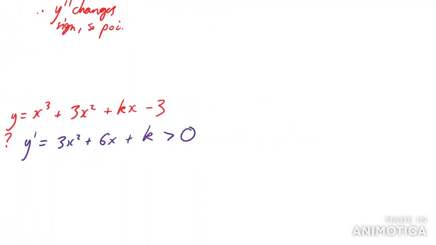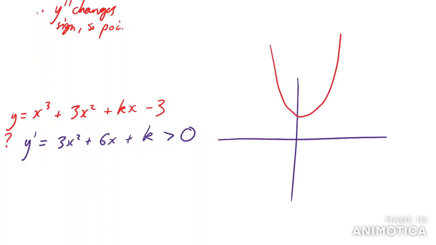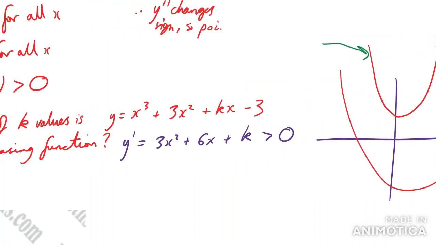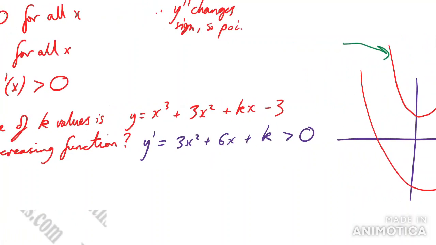Well, this is going to look like a quadratic, and as we vary k, if k was big, it could be up here, and if k was negative, it could be down here. And clearly, greater than 0 for all x has to be this kind of graph. In other words, as long as it doesn't cross the x-axis, it's going to be greater than 0 for all x. And what kind of quadratic never crosses the x-axis? One without any real roots.